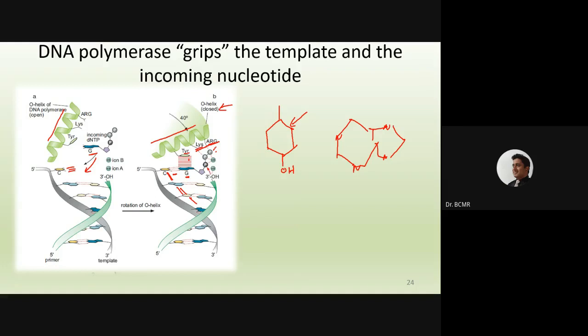If it is a ribonucleotide RNTP, it will be expelled. But if a correct one comes, then there are mechanisms by which the reaction will proceed forward. We have discussed the metal ions, metal ion A and metal ion B, and now we see the O helix that will stabilize the interaction, and then the phosphodiester bond is made. Okay.